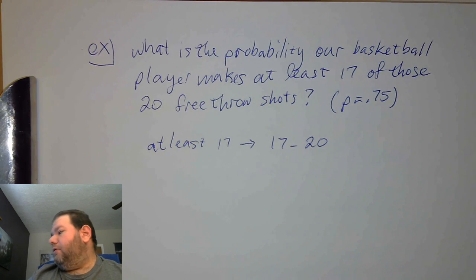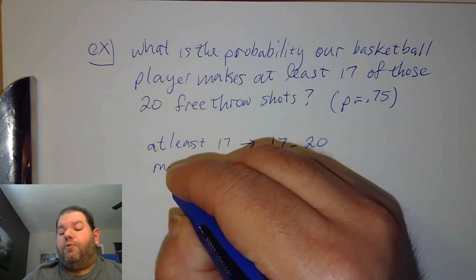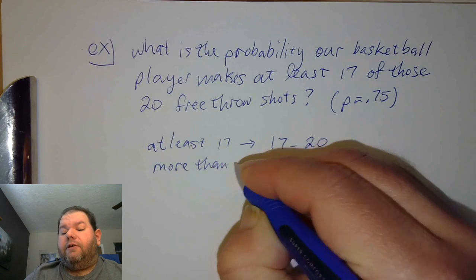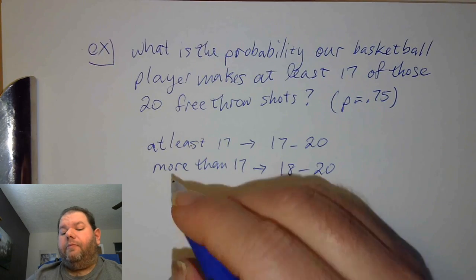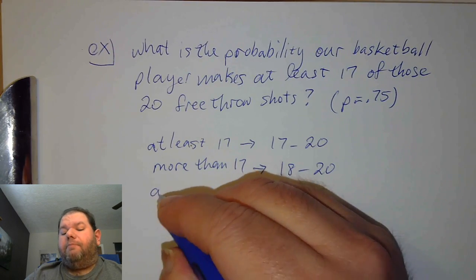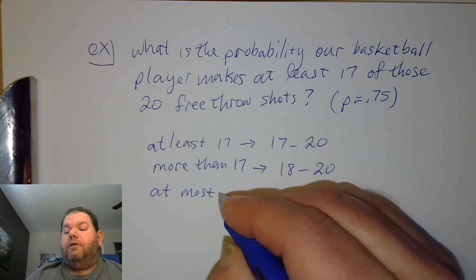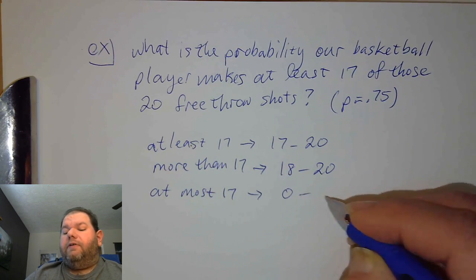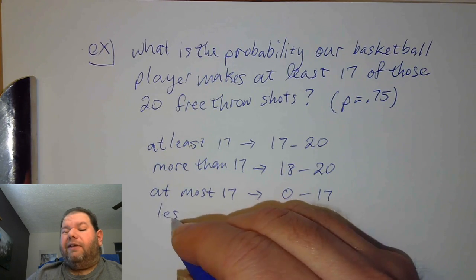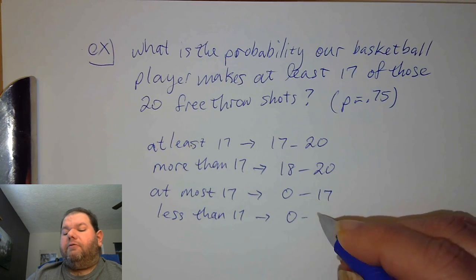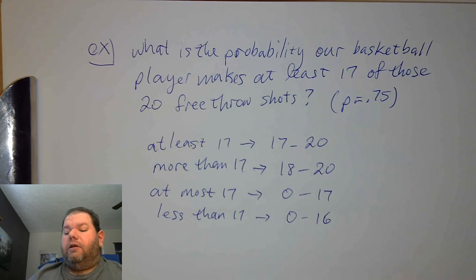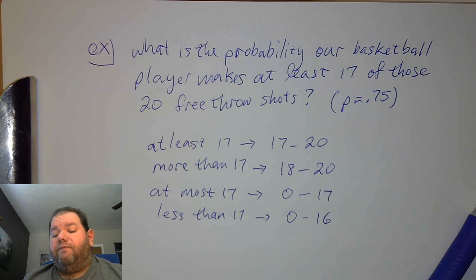Okay? Yeah, 17 or larger. If we say more than 17, that would actually be 18 to 20. If we say at most 17, that would be from 0 to 17, and if we say less than 17, that would be from 0 to 16. So depending on how we phrase this, there's 4 different ways we could really interpret what's happening here.